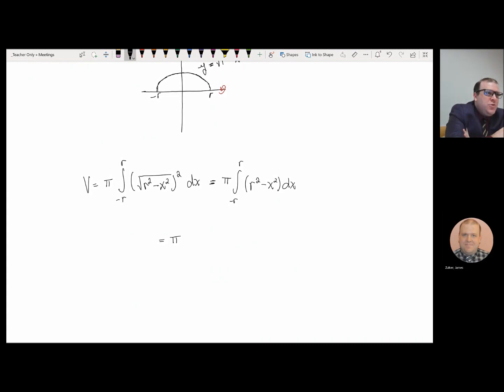If we look at this as two separate integrals, the r squared dx is just going to be r squared times the length of the interval. What is the length of our interval?